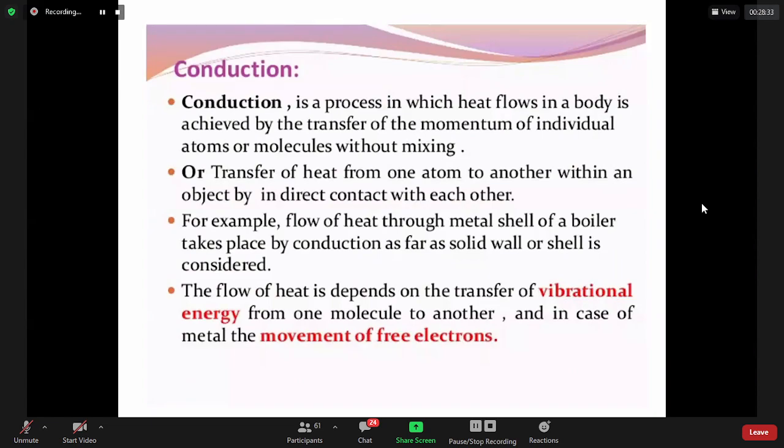So the flow of heat depends on the transfer of vibrational energy from one molecule to another. And in the case of metal, it is the movement of free electrons. So it is the vibration of the atoms, and then the free movement of electrons, this time not atoms but electrons, that can transfer this heat.